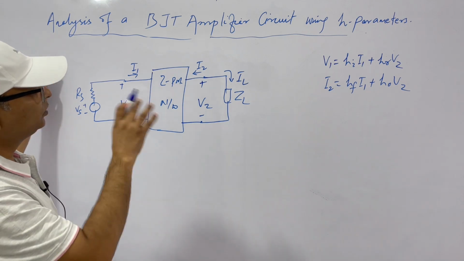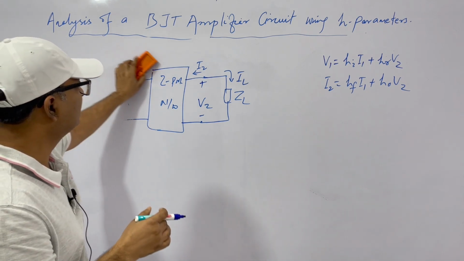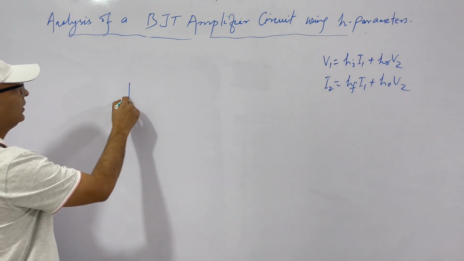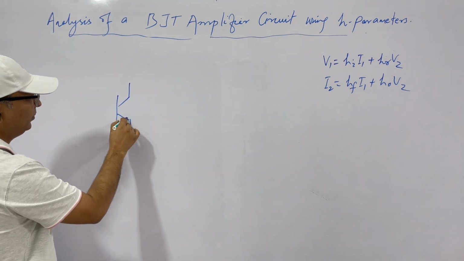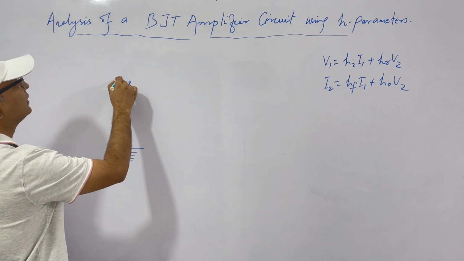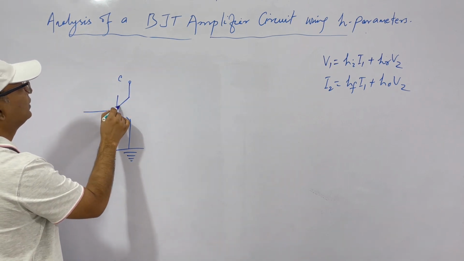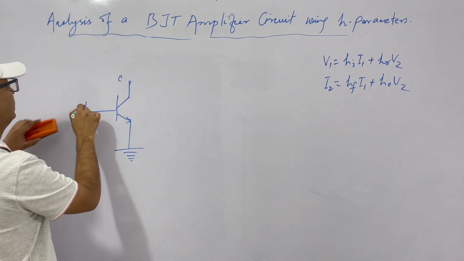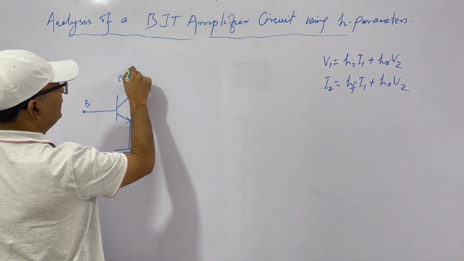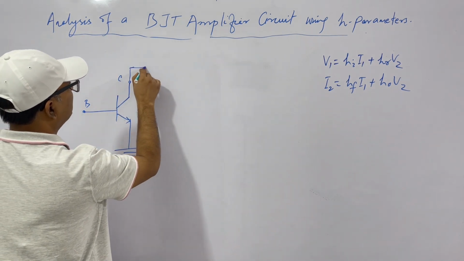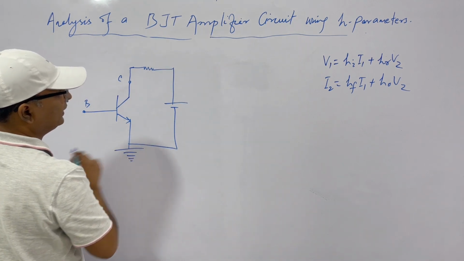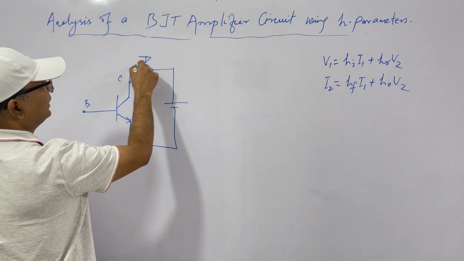If you are not able to conceive this graphically, let's take a common emitter circuit. This is collector, this is base. So what we do, we attach a resistor here in the output side. This is our ZL.